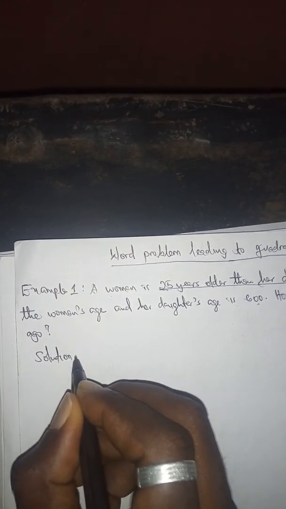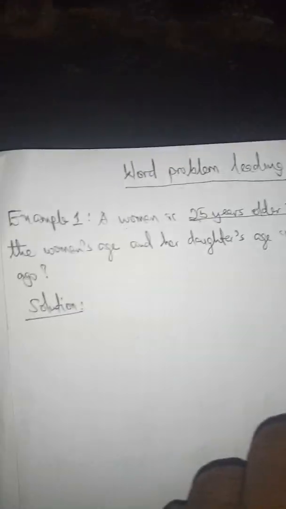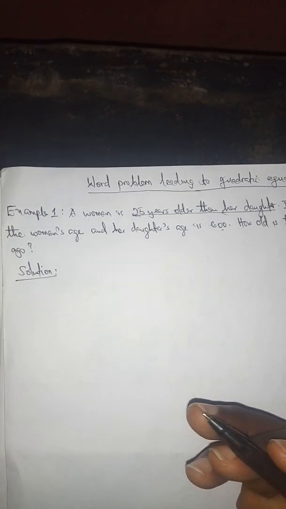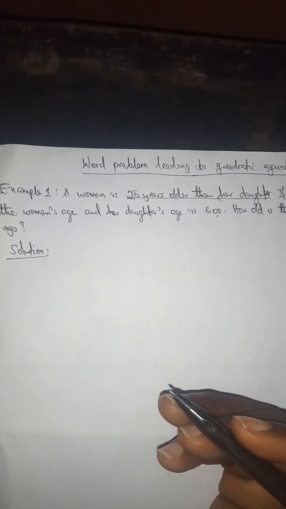If the product of the woman's age and her daughter's age is 600, how old is the woman 10 years ago? The solution is, when dealing with word problem, you have to analyze each of the sentences because it is a model. It is a real problem that you have to convert to a model, and the model will be in form of a quadratic equation.